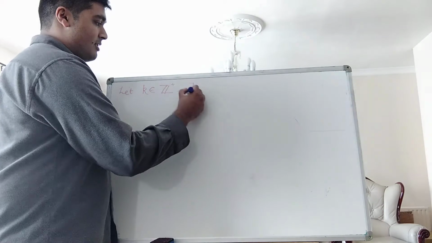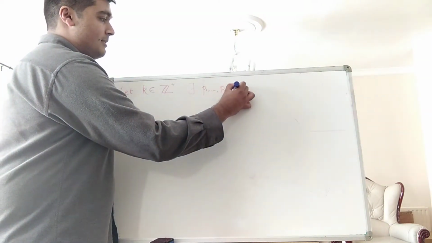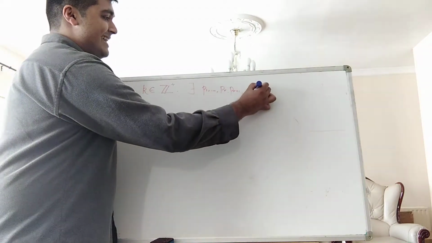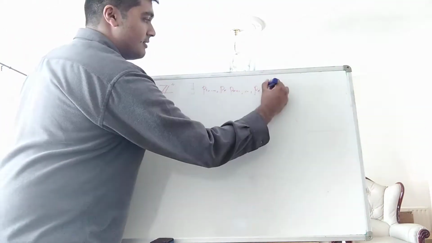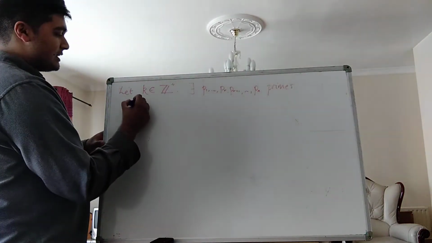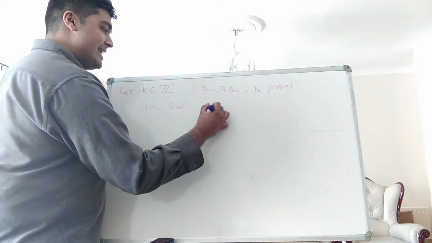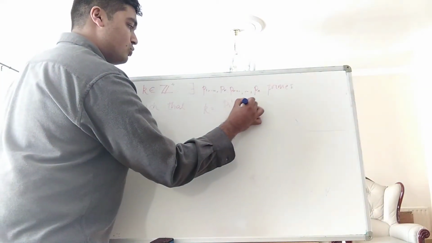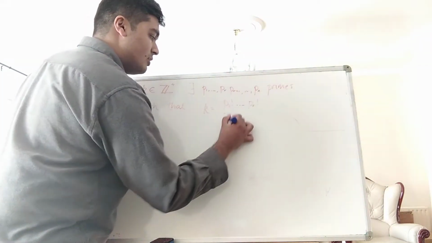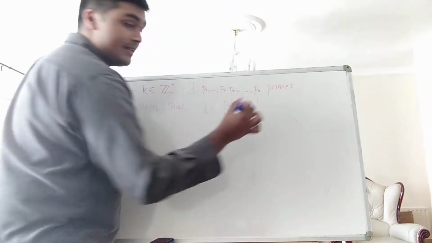So there exist primes p1, up to pr, pr plus 1, all up to pn primes. And again, they're not necessarily distinct, such that k equals p1 factorial, pr factorial, all over pr plus 1 factorial, pn factorial.